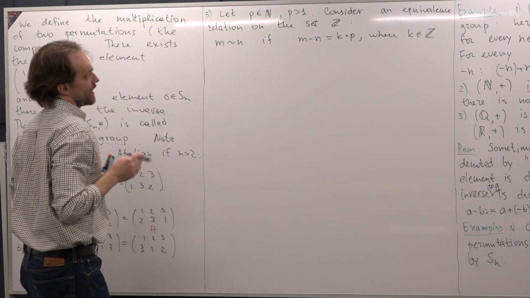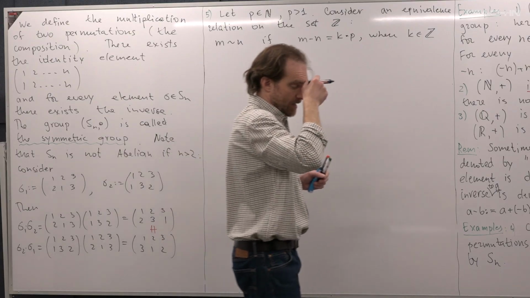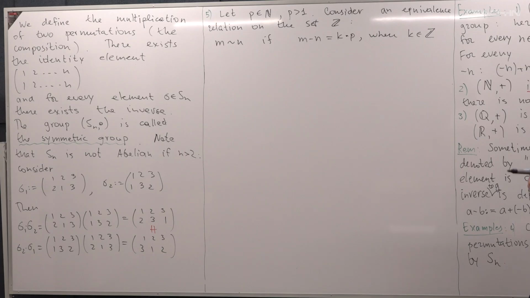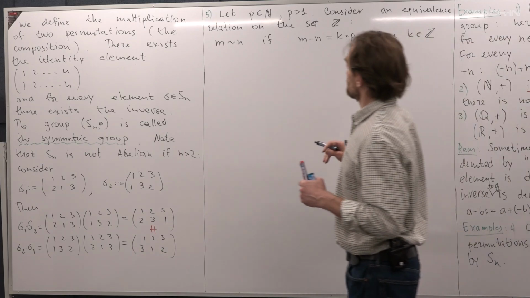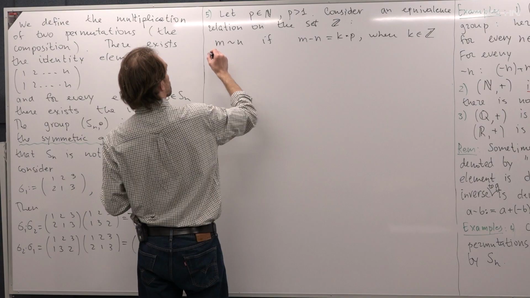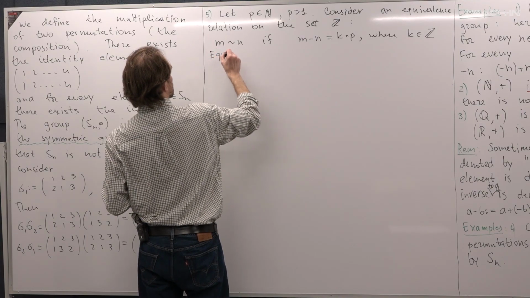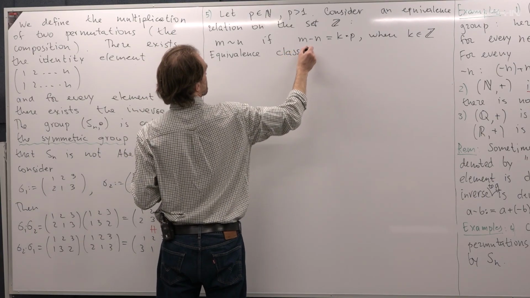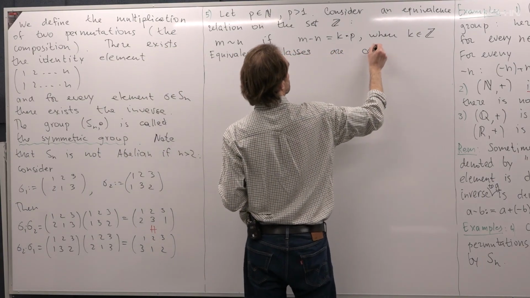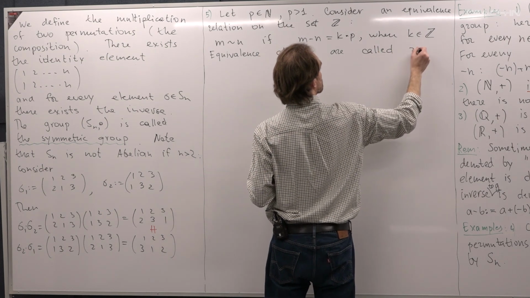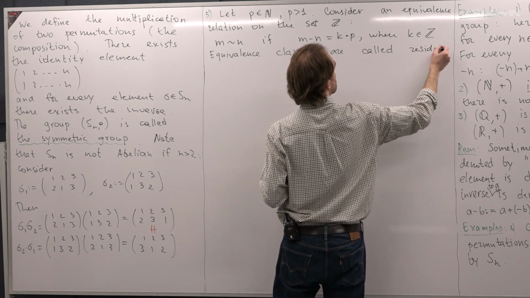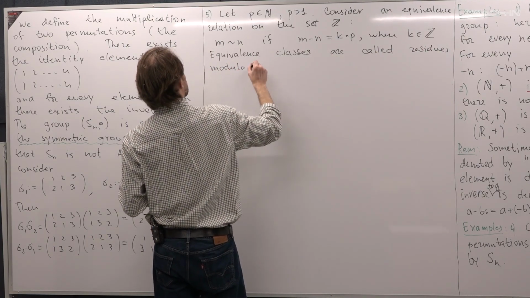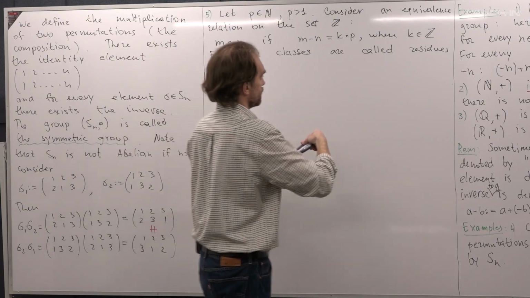So this is really an equivalence relation, and the equivalence classes are called residues modulo p.